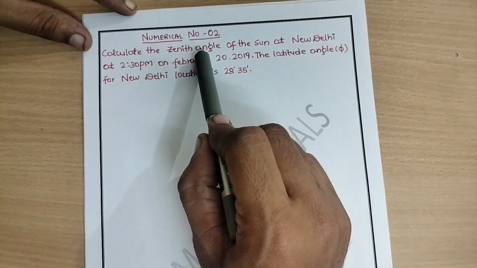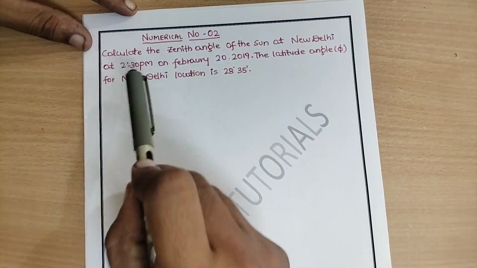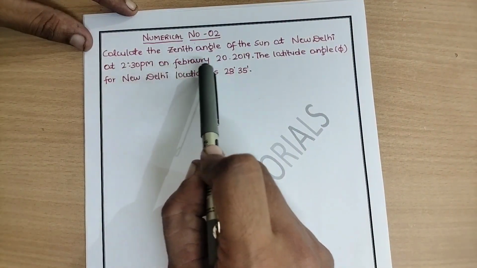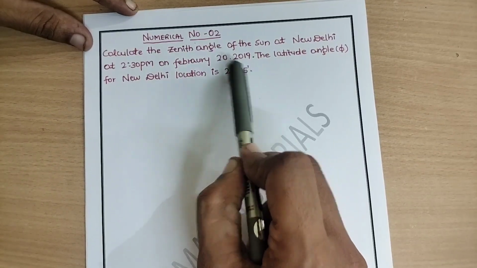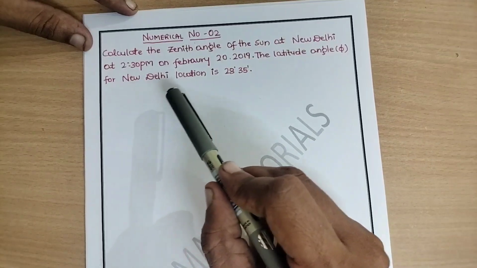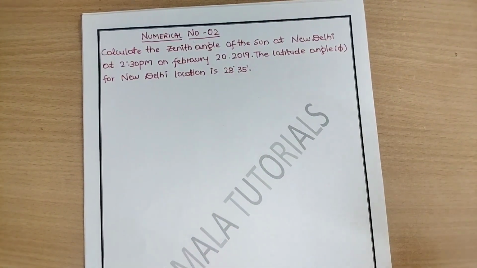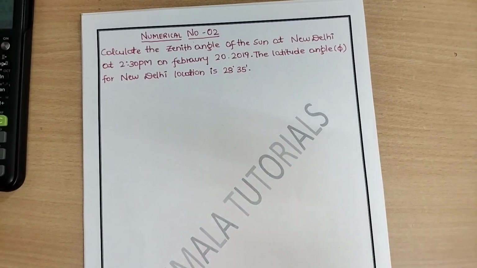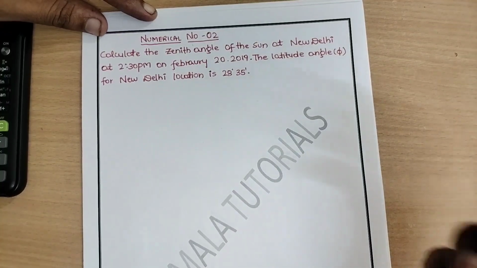Moving to numerical number 2. Calculate the zenith angle of the sun at New Delhi location at 2:30 p.m. on February 20, 2019. The latitude angle phi for New Delhi location is 28 degree 35 minutes. And my dear learners, it is better to know the latitude angle of a few of the major cities in India.